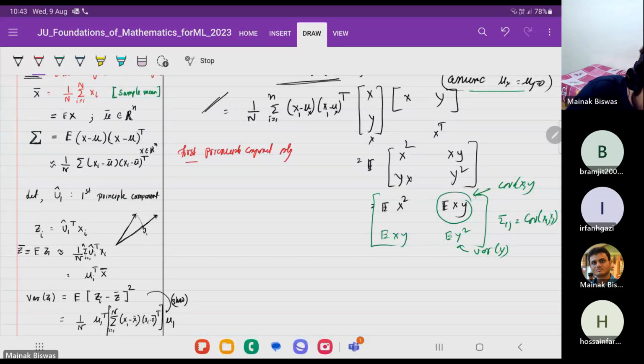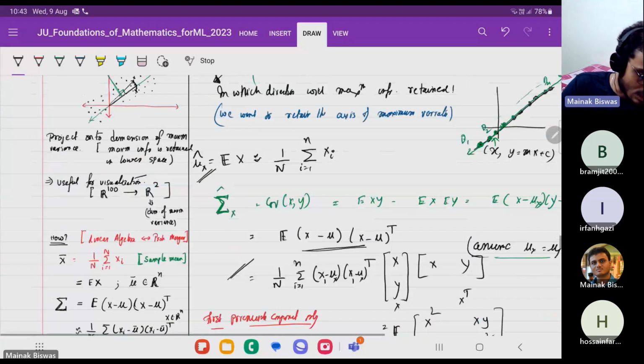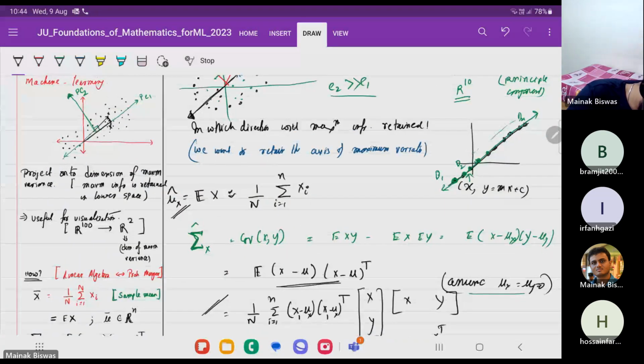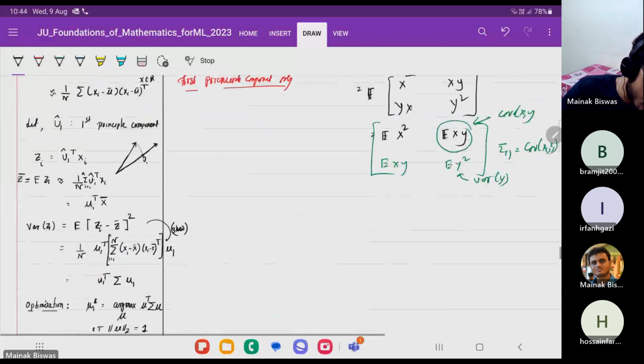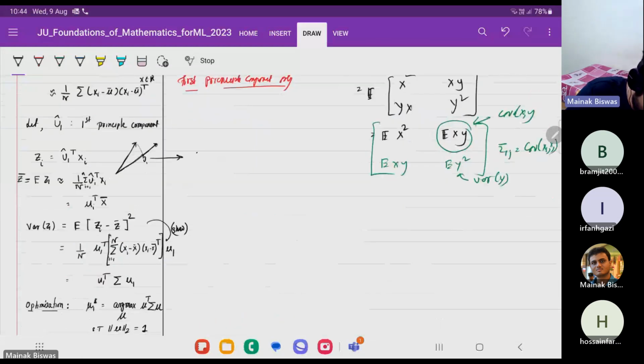If I use the first principal component only, what will be the new data points? Look at this. I have only one principal component, which is the unit vector. Mod of u1 is 1.